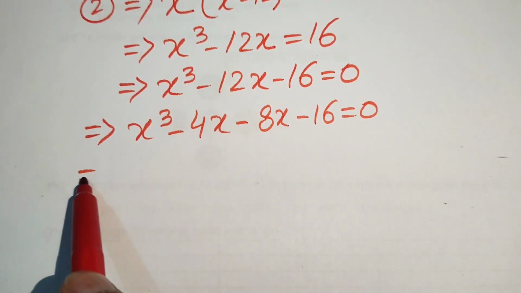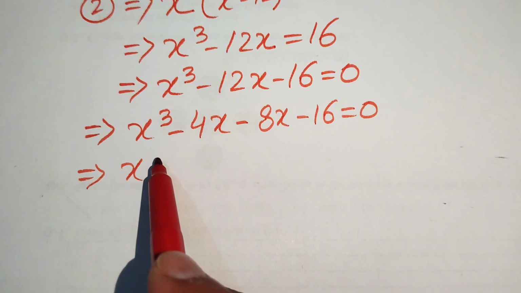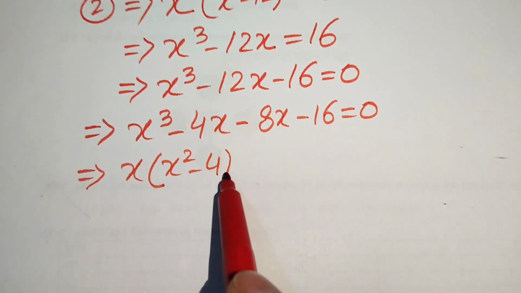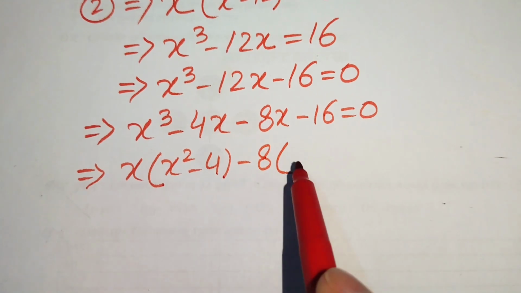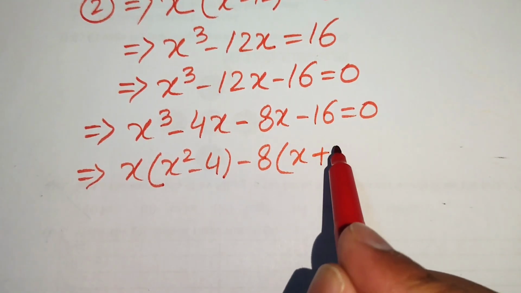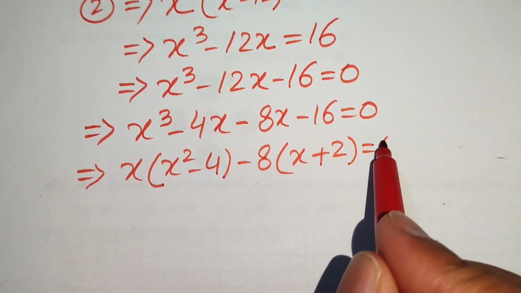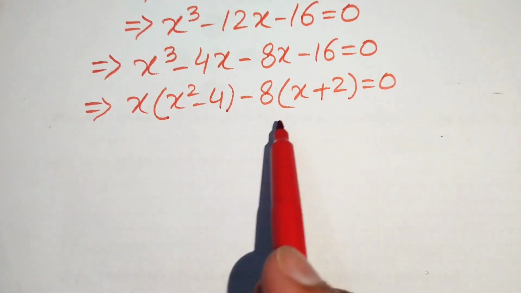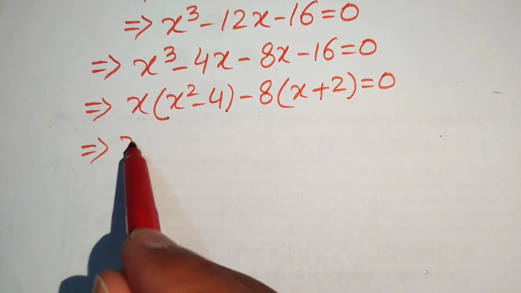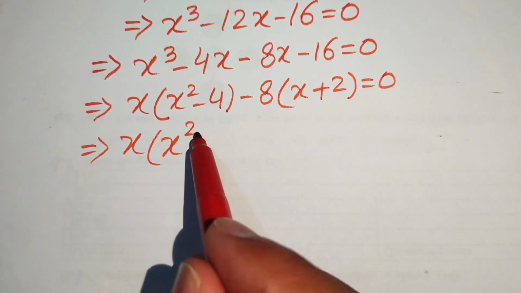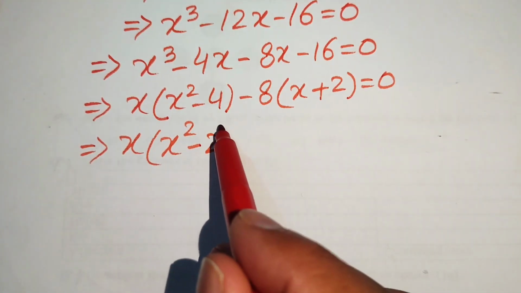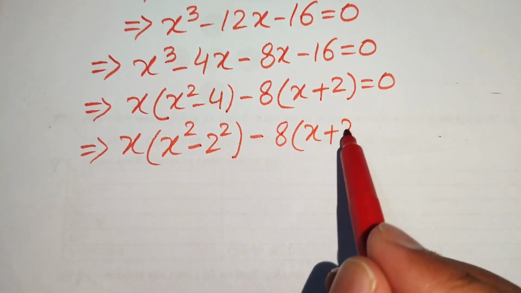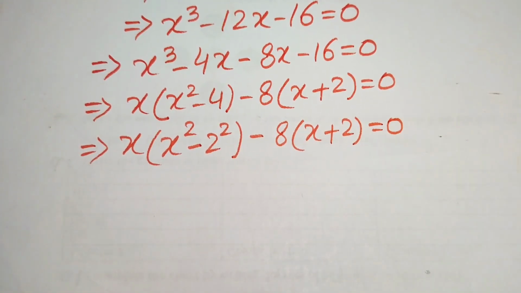Now we take common x from the first two terms, and it is written as x into (x squared minus 4), and we take common minus 8 from the last two terms, and the remaining terms are x plus 2, equals 0. We rewrite this equation in this form: x into (x squared minus 4, which we write as 2 squared) minus 8 into (x plus 2) equals 0.